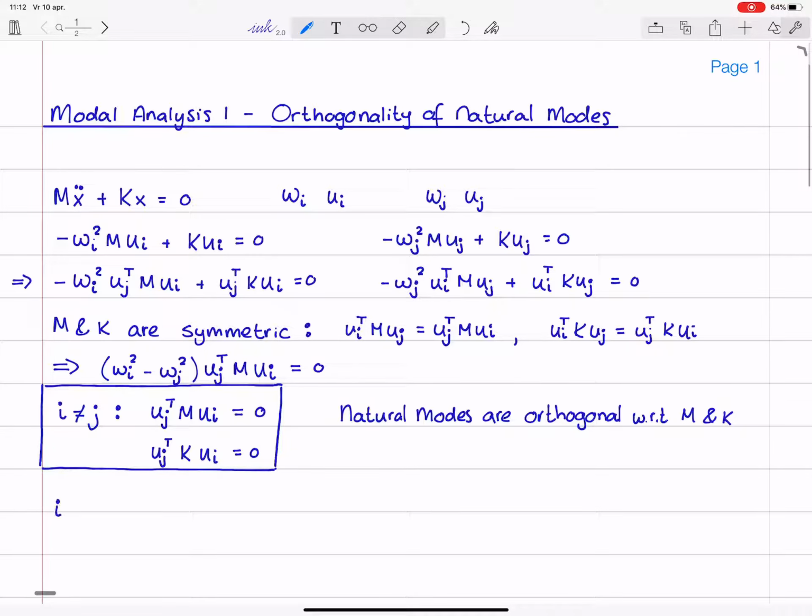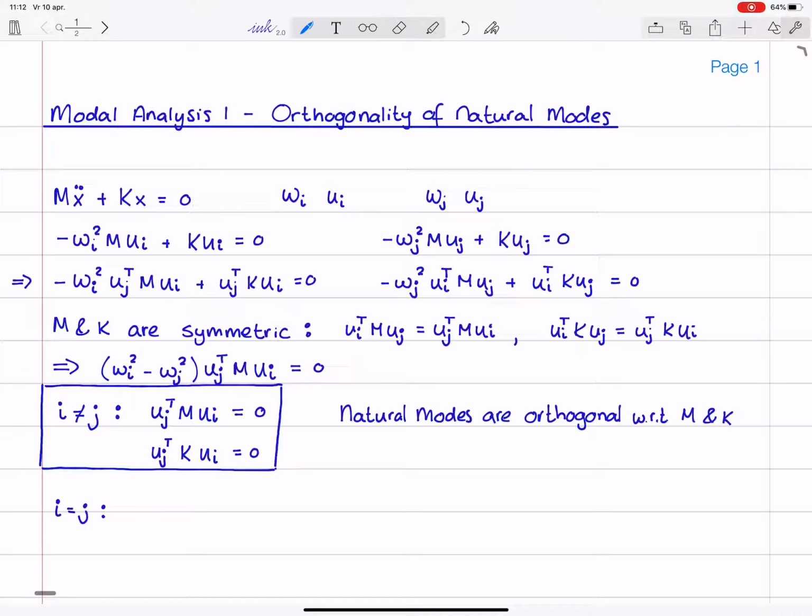If i is equal to j, then omega i squared minus omega i squared is already 0. So it means that u_j transposed M u_i, which is then u_i transposed M u_i, can still be any arbitrary scalar.